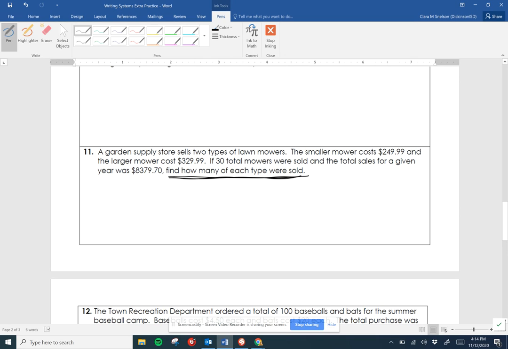Okay, so what we're going to say is that x is the number of small mowers, and y is the number of large mowers. All right, so let's go back to the problem.